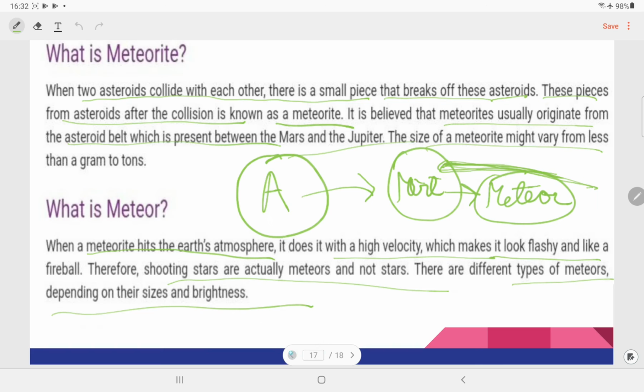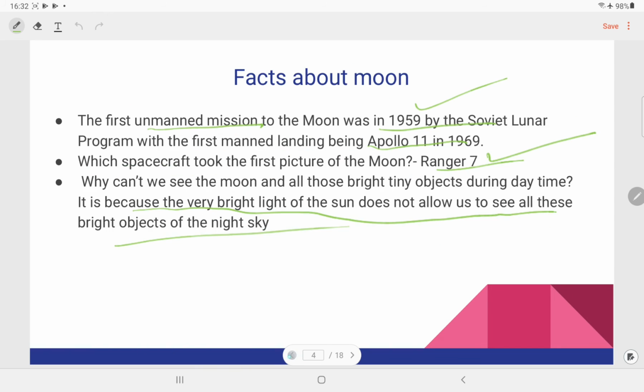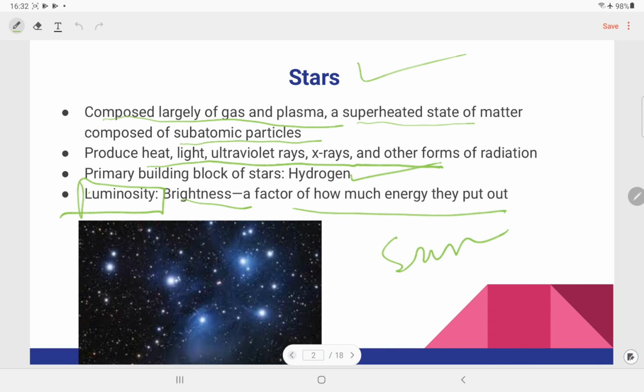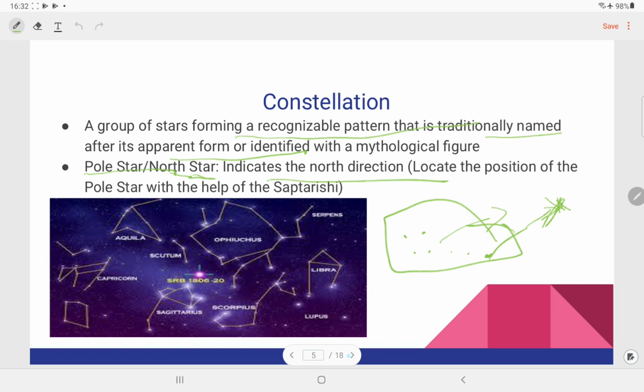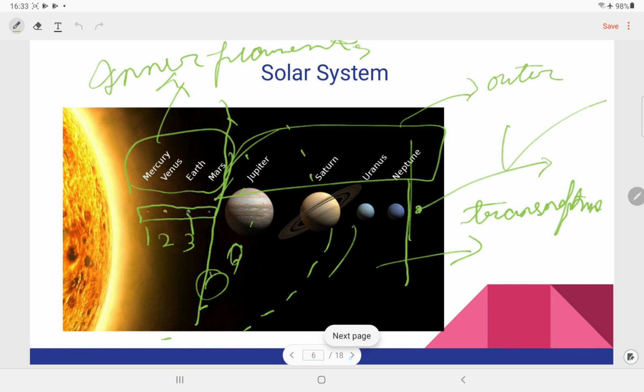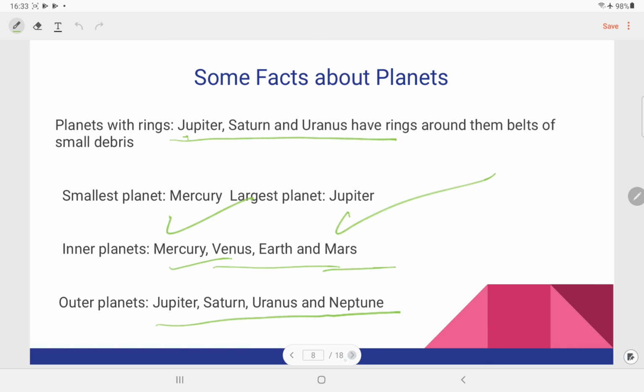So a quick recap. First we discussed stars, then what the moon is and different facts about the moon. Then we discussed constellations, and then different aspects of the solar system and planets.